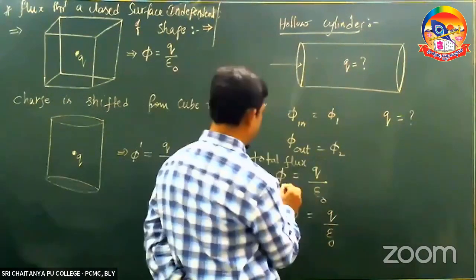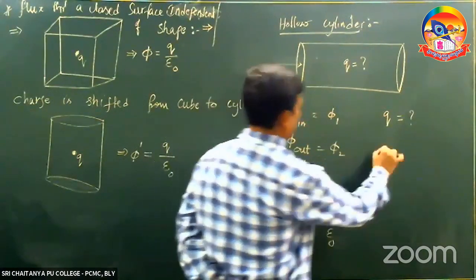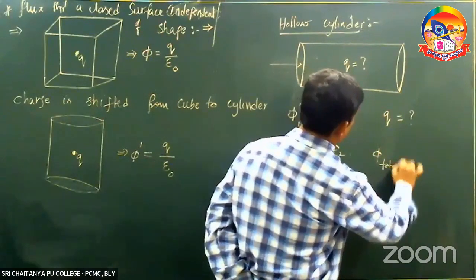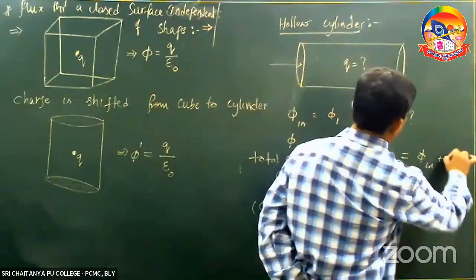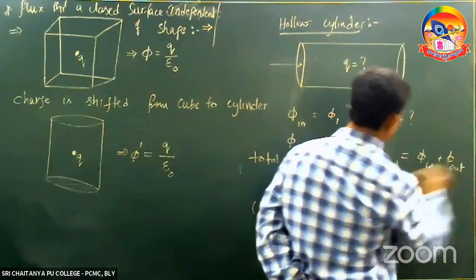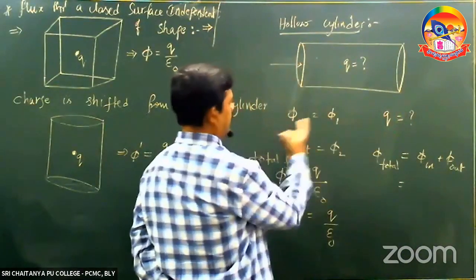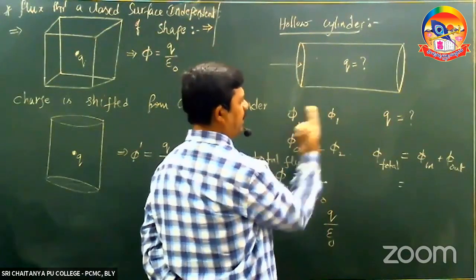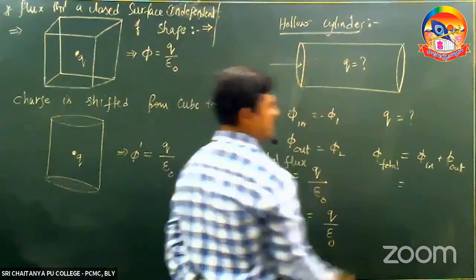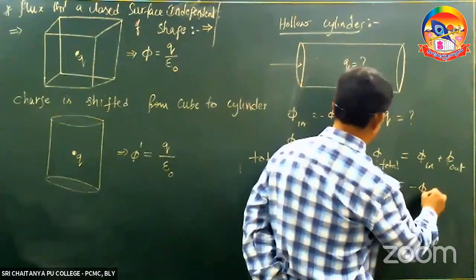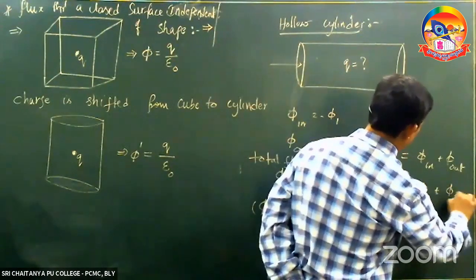If you don't understand, write one more step. Phi total is phi in plus phi out. Phi in, given as phi 1, but we know phi in is negative. So here minus phi 1 plus phi 2.